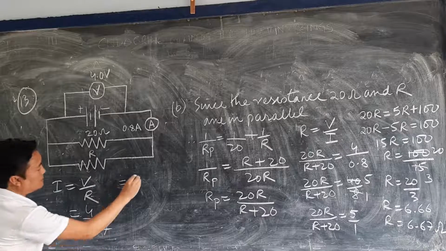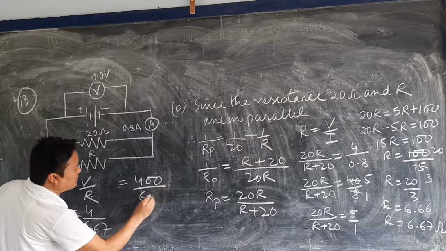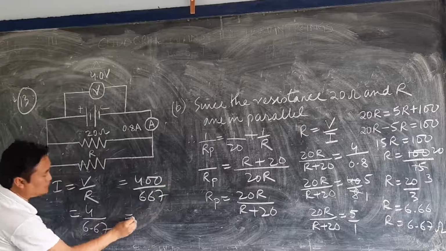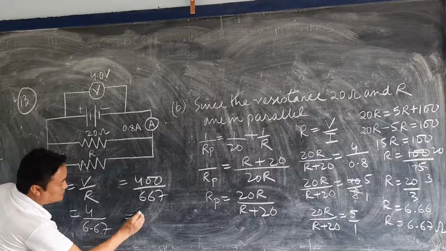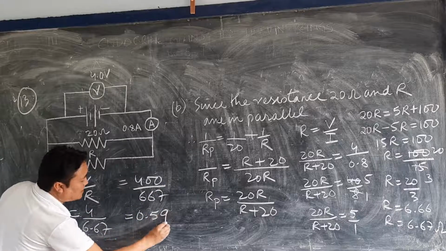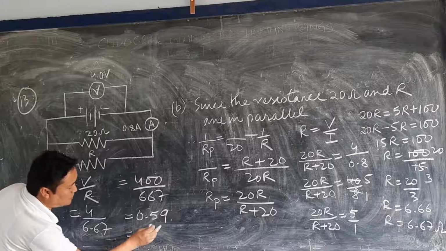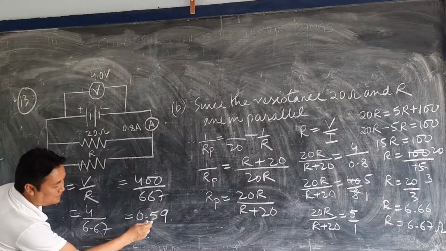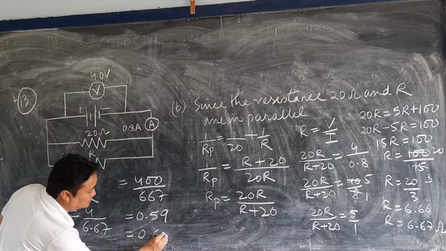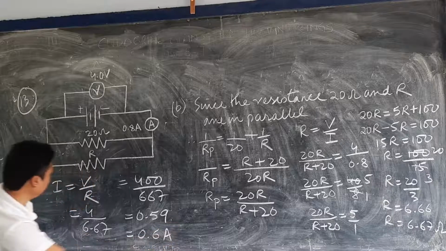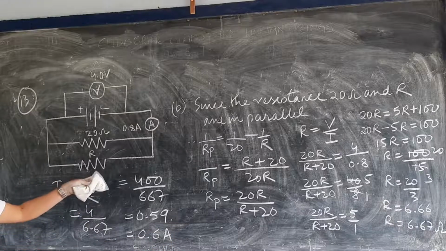Then remove the decimal here: 400 divided by 667 equals, when you divide it, 0.59 will come, or approximately, you can add 1 to the 5 so it becomes 6, 0.6 ampere. So this is the current flowing through the resistor.